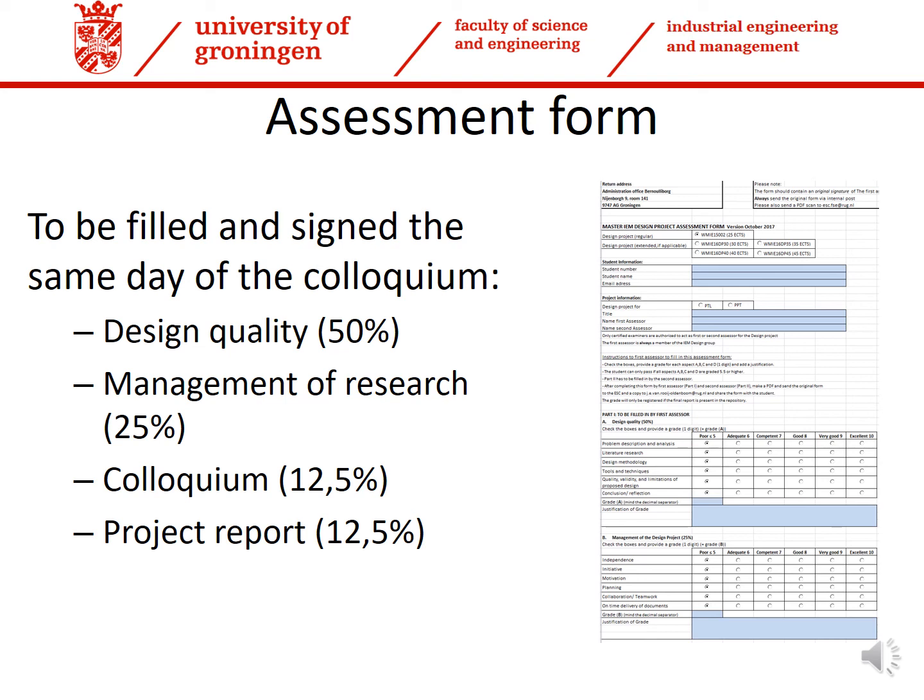So this is why we try to connect, of course, assessment form with the rubric. Those are 2 different documents, but highly interconnected. And of course, your communication skills represent 25% of the grading, which are the colloquium and the project's report. Also important.